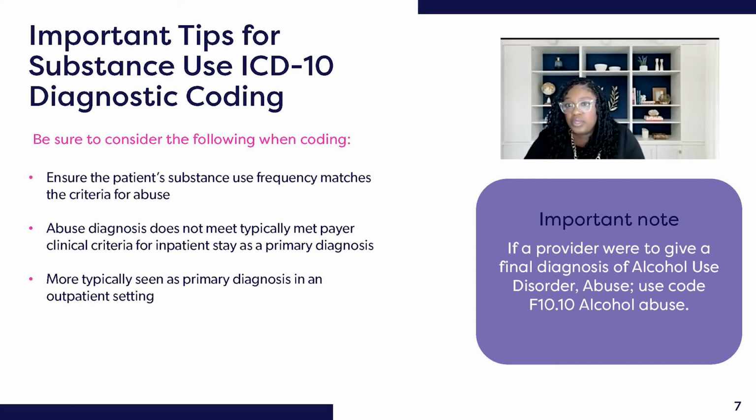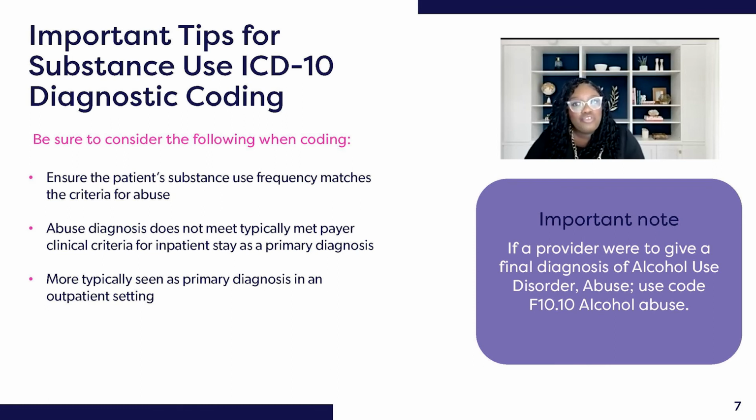Okay. If a provider were to give a final diagnosis of alcohol use disorder, abuse, you will use the code F10.10, which is the code for alcohol abuse. And all of these diagnoses have several code options because you have several different severity level options. You have the option to add with withdrawal. You have the option to add with psychosis.